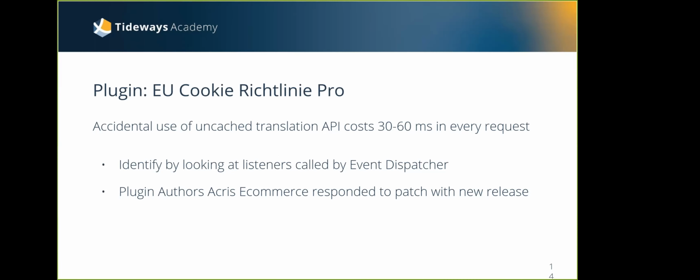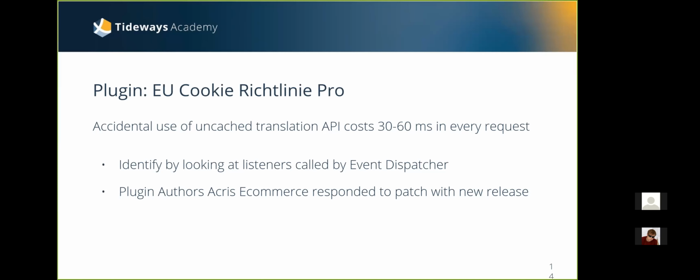And we found an accidental use of an uncached translation API. So it's really a mistake that everyone can make. And specifically with Shopware 6 being so new, and everybody still learning how the performance is affected by Shopware, this is a tiny mistake that everybody could make. And if you look at the code, it's something you wouldn't expect to be slow.